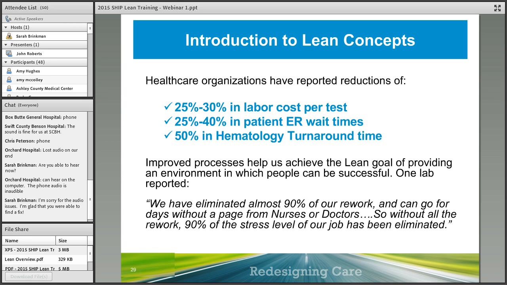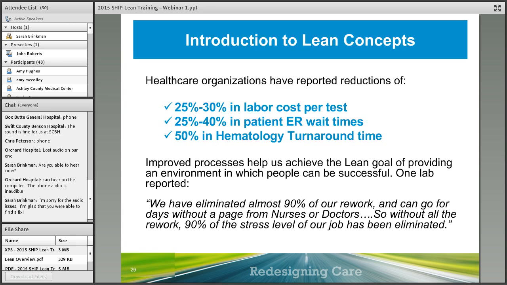Again, over the last 18 months, we have worked with 12 critical access hospitals here pretty intensely, and the results from those hospitals is pretty significant.